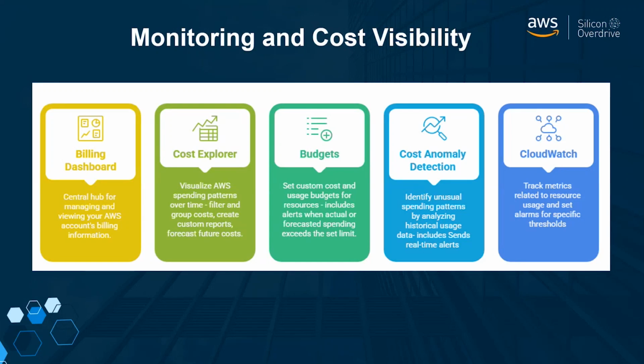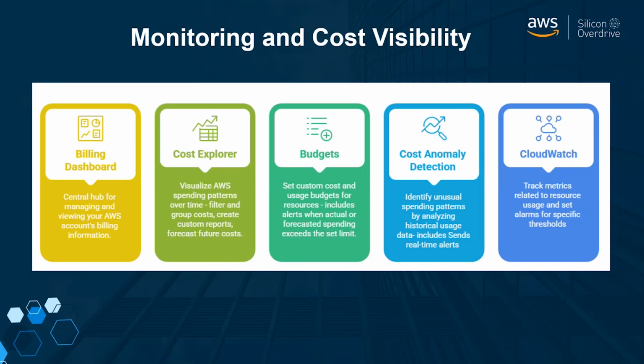Let's say I want to see my spend for the last 3 months. Let's say I want to see my spend for just a specific workload, maybe just my compute services, or just the databases. Essentially, it has more fine-grained metrics that you can use to filter and view your spending patterns over time.